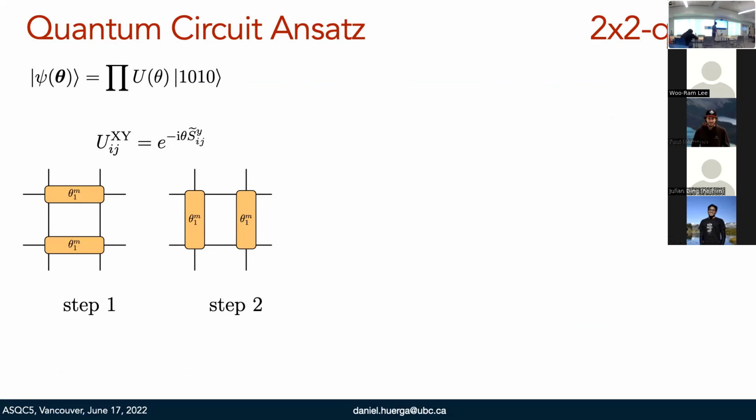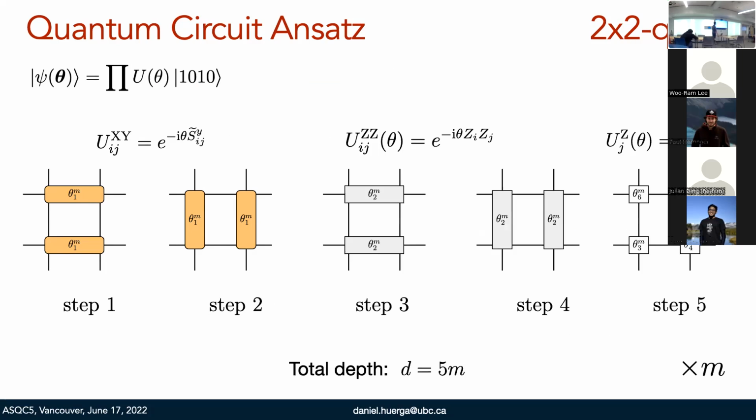So we apply these real XY gates, and then to add phases to the wave function, we add some ZZ rotations and local Z rotations. This gives a macro layer of 5 layers, and we repeat this structure m times so as to improve the accuracy.